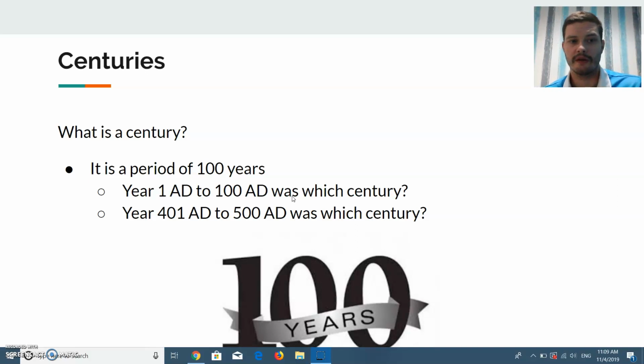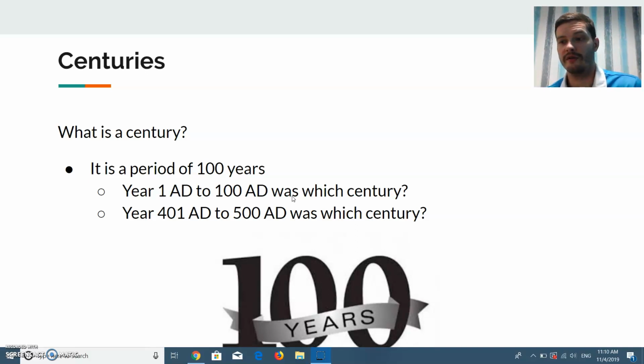Okay, and this works the same way for BC years. So year 1 BC is part of the 1st century BC, and year 100 BC is still a part of the 1st century BC. Year 101 until 200 BC are all part of the 2nd century BC, etc. Now keep in mind that when we're talking about centuries BC, the bigger the number is, okay, the further away in time that date is, which is the opposite of AD.